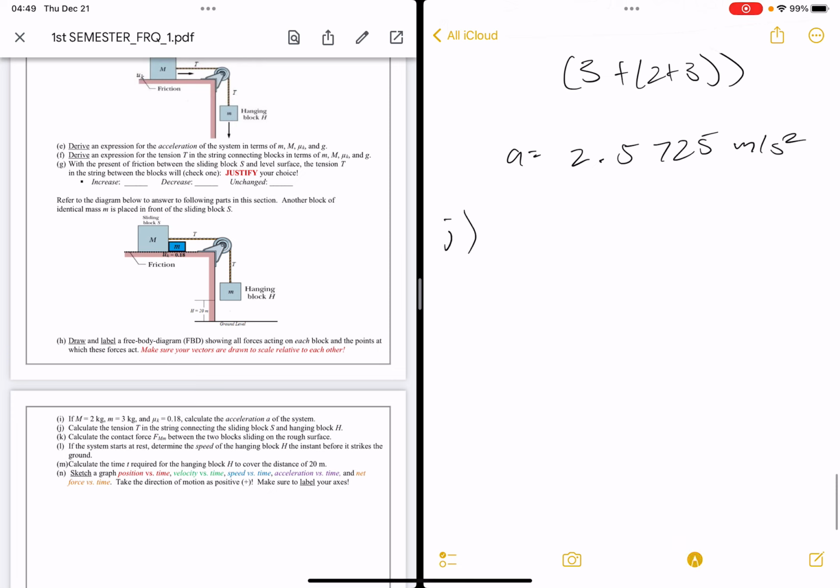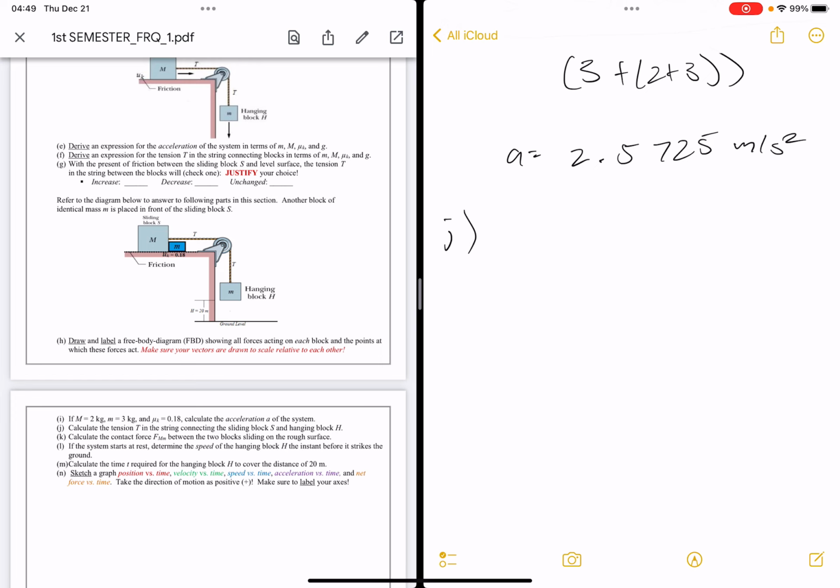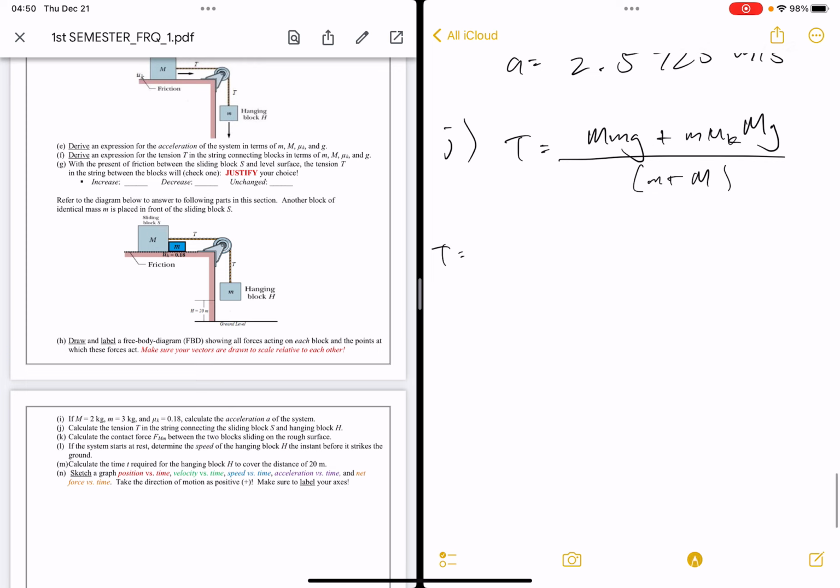Time for J. Calculate tension in the string. Once again, we can use the formulas that we already derived. So T equals (big M m g plus M mu k big M g) over (m plus M). I'll plug everything in now. So big M is 2 plus 3. Small m is 3.